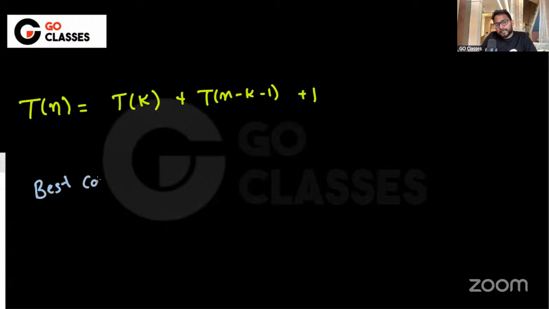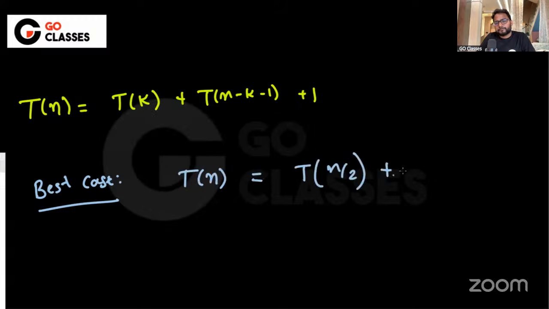Generally, we know the best case is when the sequence is divided into half, n by 2, n by 2, so approximately n by 2. So basically the best case is something like this: T(n) is T(n by 2) plus T(n by 2). Plus one minus one doesn't matter for the asymptotic. This is kind of the best case.